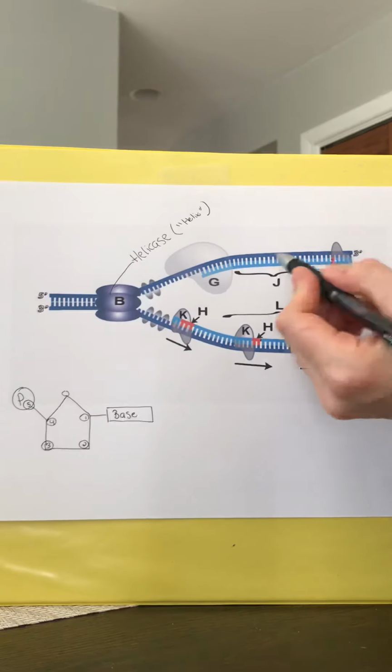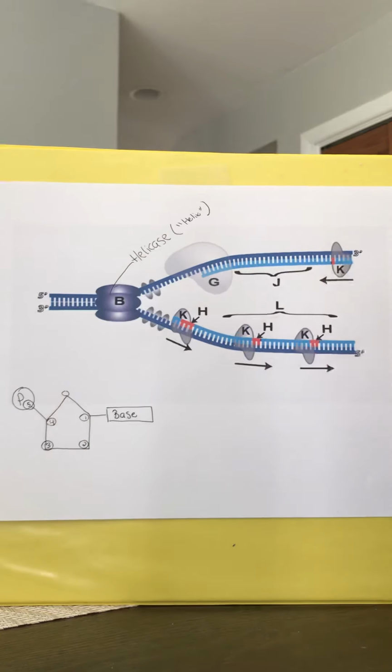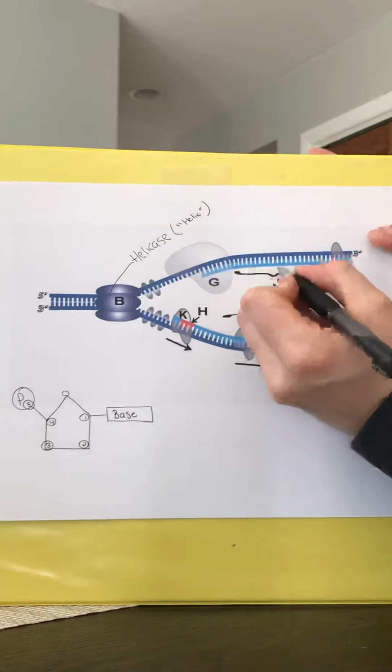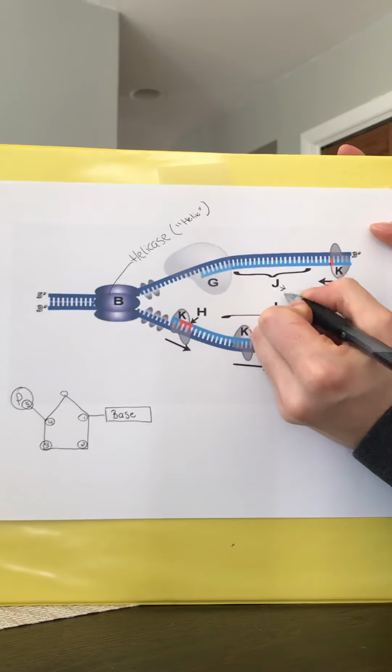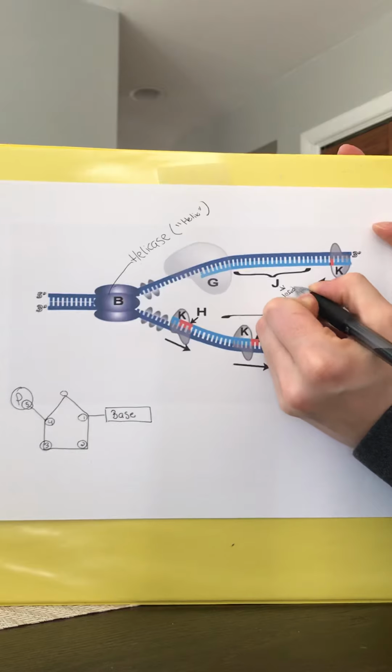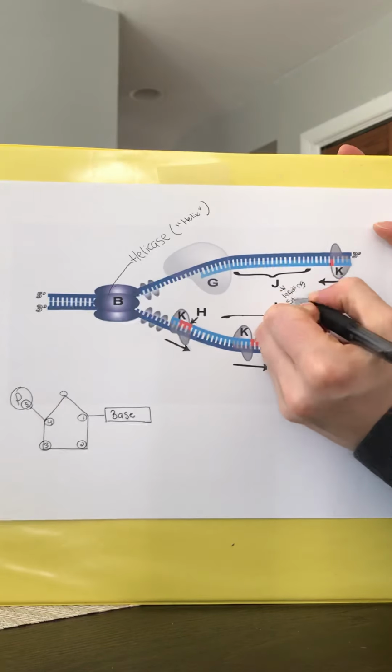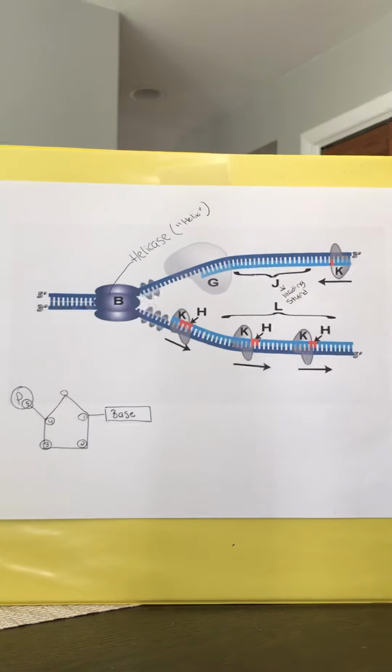So we'll look at this top strand here first. This was a simpler one. This is called the leading strand. So J here is referring to the leading strand, and this one gets synthesized or made first.